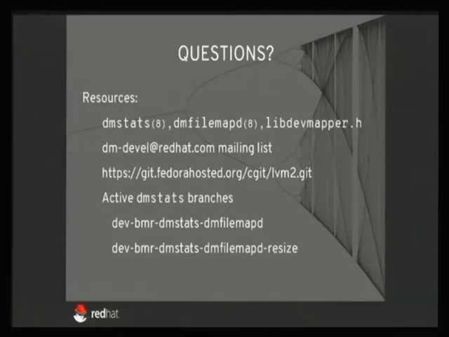I'm trying to remember from your earlier slides, there's some ID that's associated with each application or something. Right, you can have multiple dmstats at the same time. That's how it works. Each region has a unique identifier within that device. They're not unique across different devices, but if I've got my root volume, region ID 0 there is a unique identifier for that region. We also, in user space, create these fake identifiers for the areas.